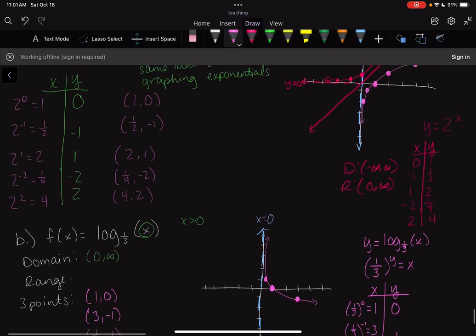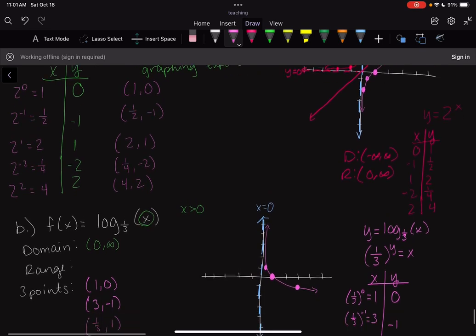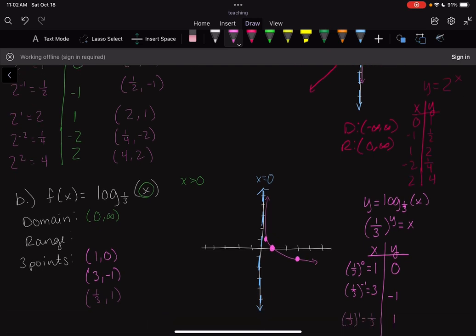So this one's kind of interesting. What we're seeing here is because that a turned into a fraction, we're actually seeing kind of a flip happen. And my range for this would be -infinity to infinity.